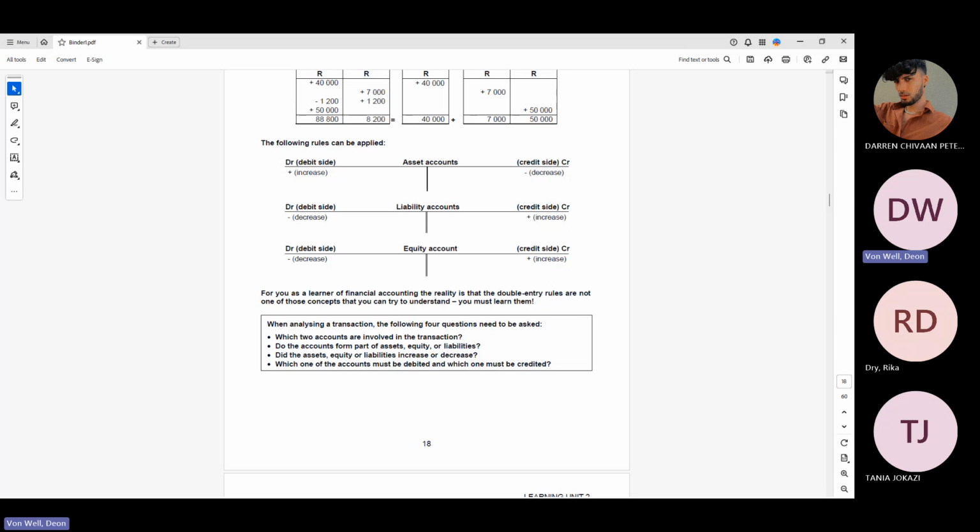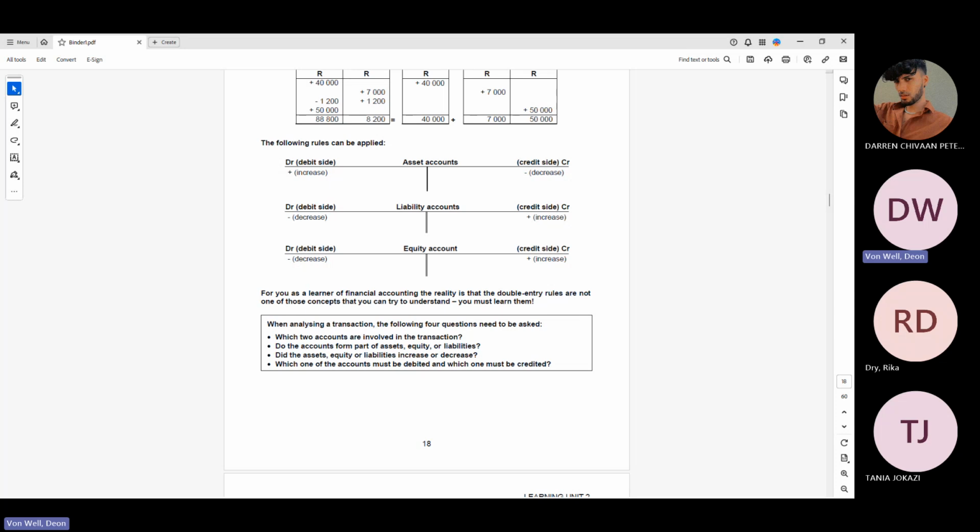So if we receive a loan from the bank, the heading of the T account in your general ledger will say loan account, let's say ABC Bank. And then on my credit side, I will have my credit entry because I have received this loan. So my loan has increased, and it is increased on the credit side.